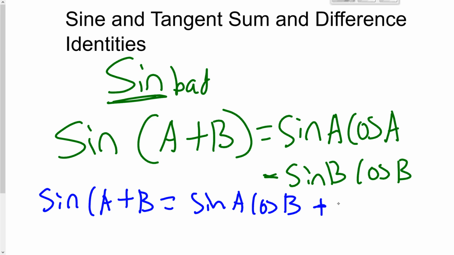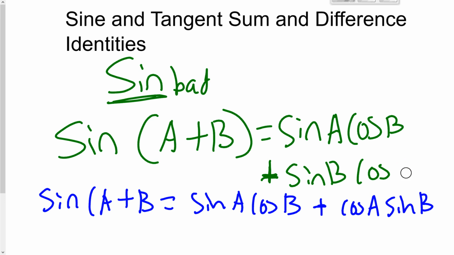And so this one would be usually cosine of A and sine of B. So that's what you usually see in the book. And I do this, even though I messed up here. This is a plus sign. But here, I did mess up here. I need to put a B here. And then this would be an A.